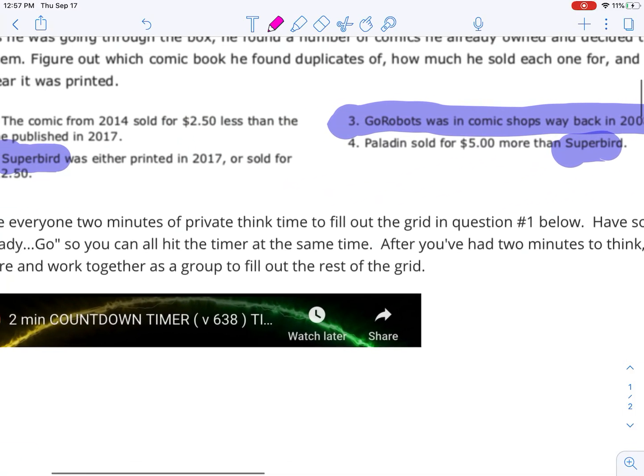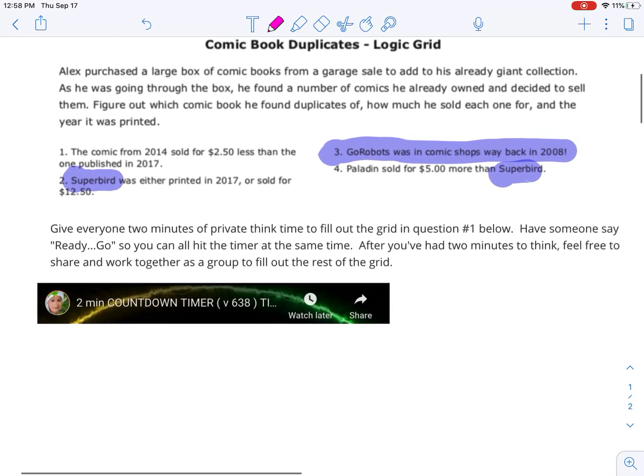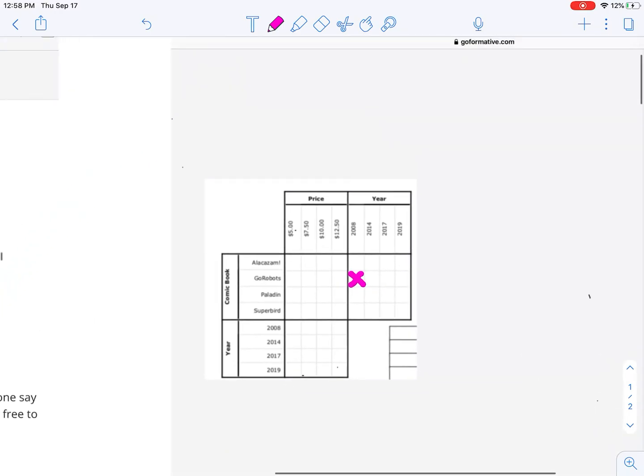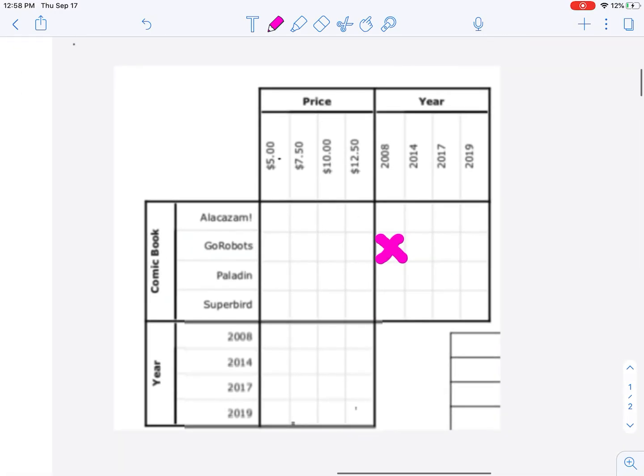Now this next part's a little trickier with Superbird. So Paladin, 5 more than Superbird. Okay, and Superbird is 2017 or sold for $12.50. Let's think about it selling for $12.50. Okay, so look at the prices right now of the different comics. $12.50 is the most expensive price.